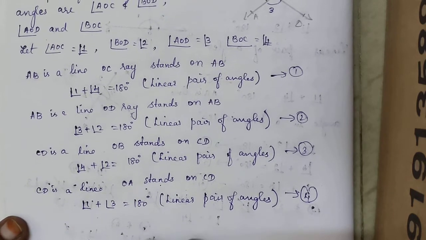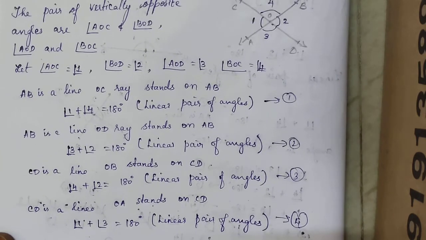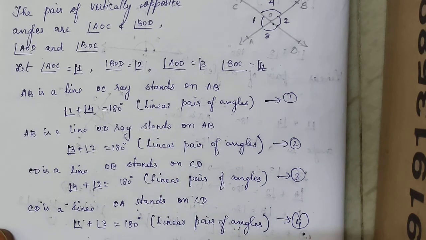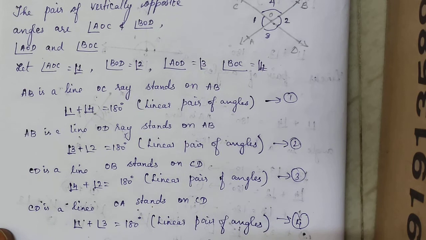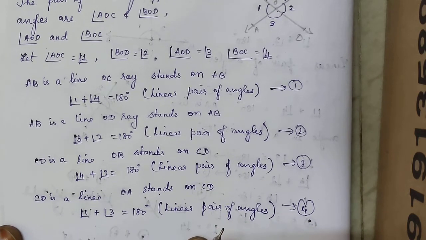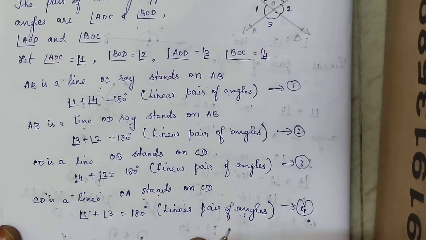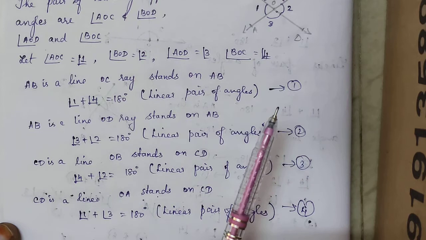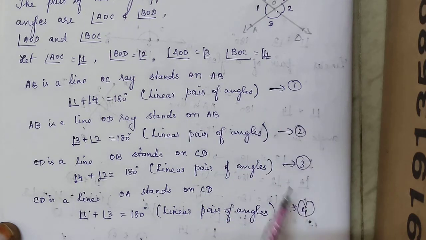Now we have to prove that angle 1 is equal to angle 2 and angle 3 is equal to angle 4. Now we have to select equations from these four in such a way that we can prove that 1 is equal to 2. To prove that 1 is equal to 2, we have to identify which equations to select. Similarly, for proving 3 is equal to 4, which equations we have to select.